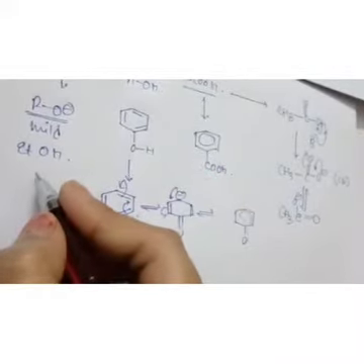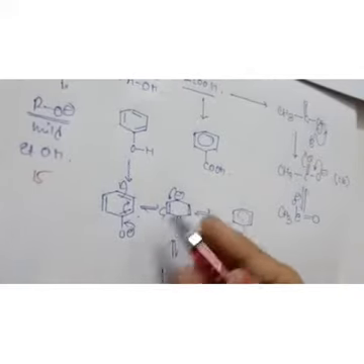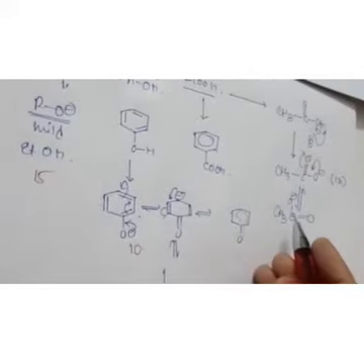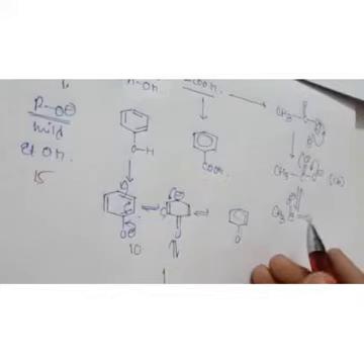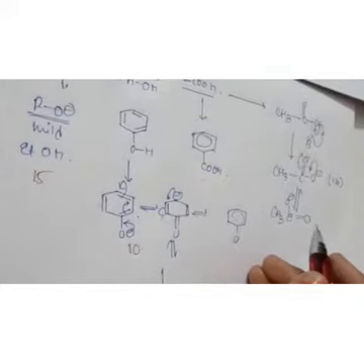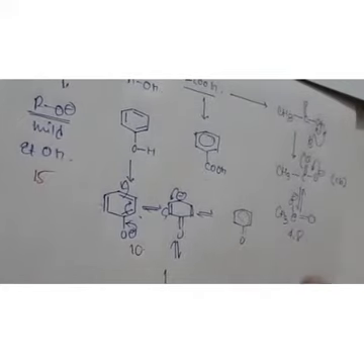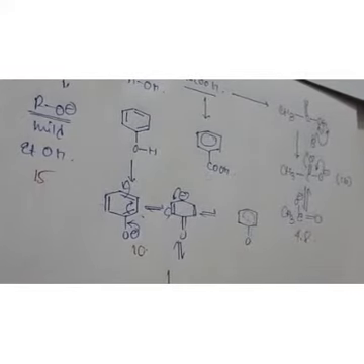Now for aliphatic alcohol, pKa value is near about 15. For phenol, pKa value is near about 10. For acetic acid, its pKa value is near about 4.8. The more the pKa value, the lesser the acidity, and the less the pKa value, the more the acidity.